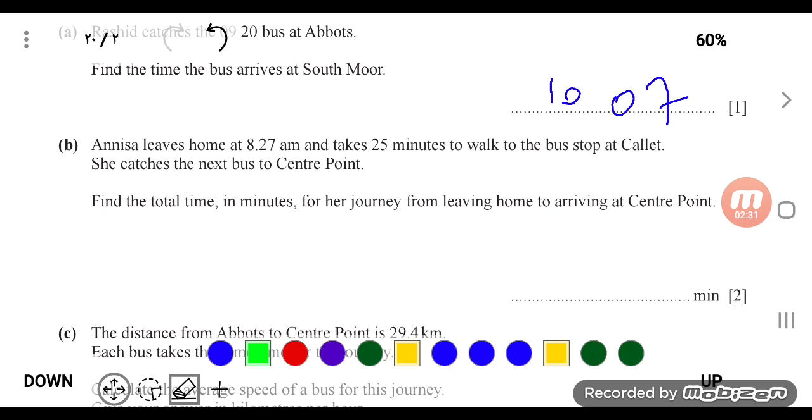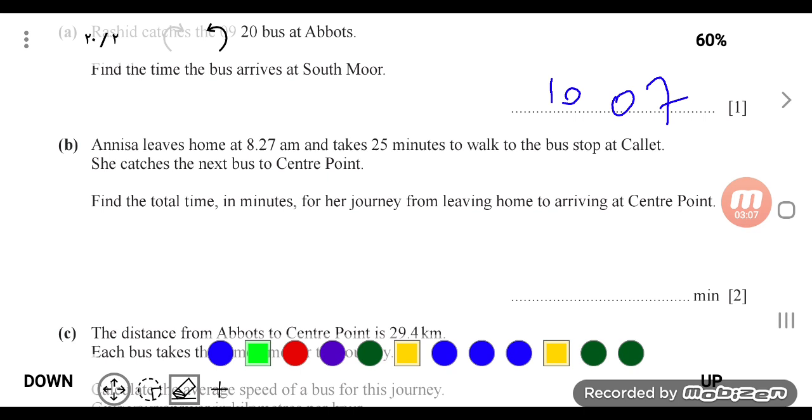Since she left at 8:27 from home and took 25 minutes to walk to the bus stop, she cannot go with the first bus, 7:12. Also, she cannot take the second bus, 8:47, because if you add 8:27 plus 25 minutes, you get 8:52. So she has to wait until she takes the bus of 9:42.